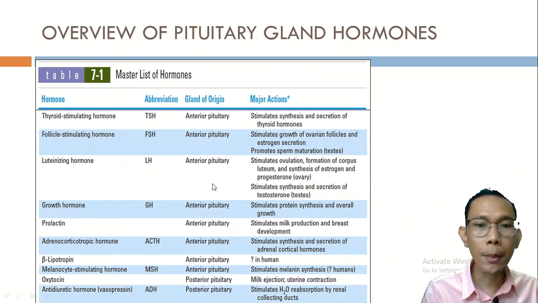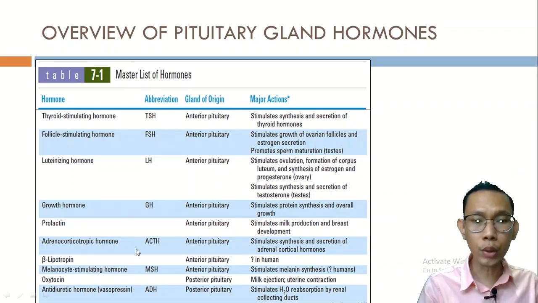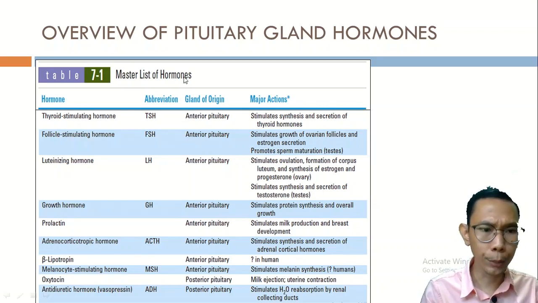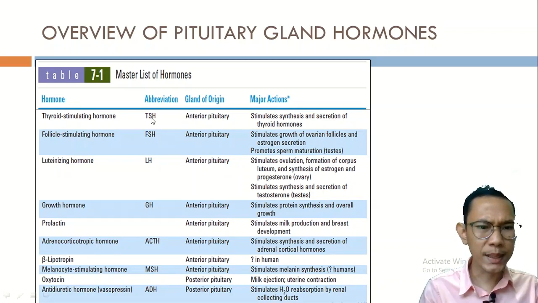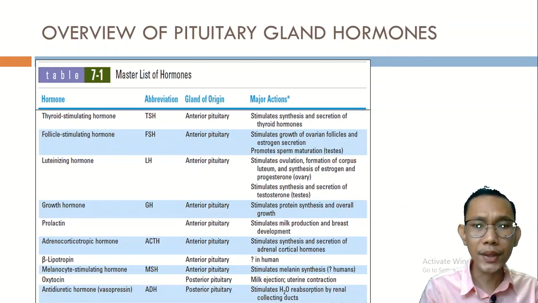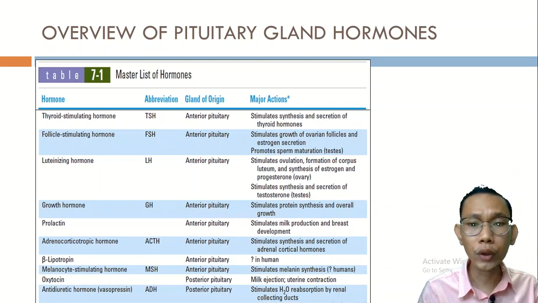So this is now the master list of hormones. This comes from your physio book, Costanzo. Master glands of all hormones. From the name itself, we will know the TSH, your thyroid stimulating hormone, will have effect on your thyroid to synthesize and secrete thyroid hormones. Your FSH stimulates growth of ovarian follicles and promotes sperm maturation.